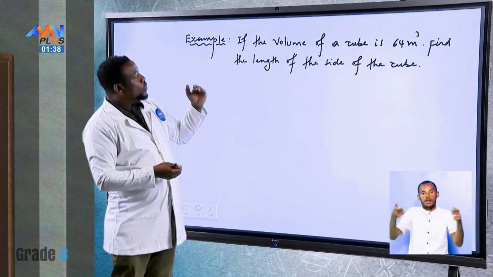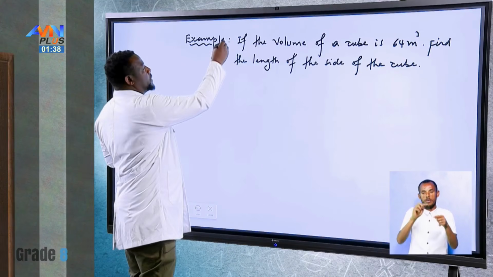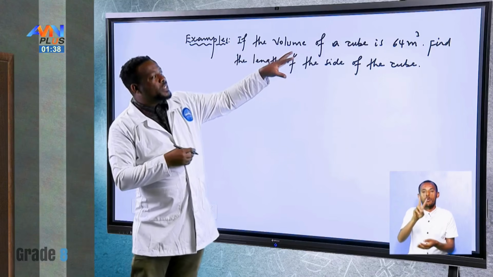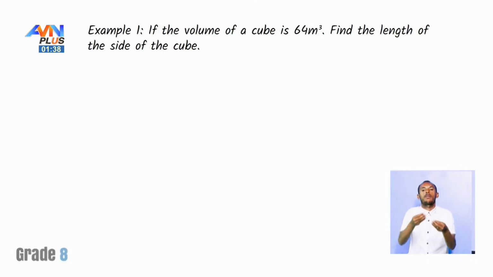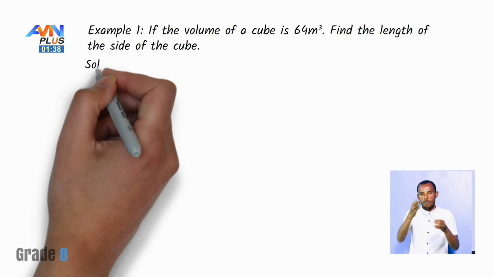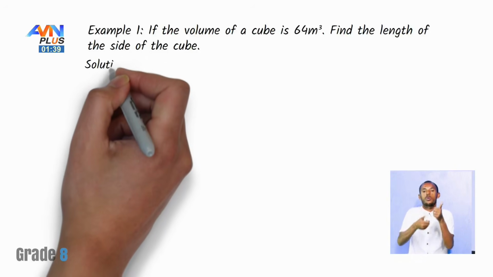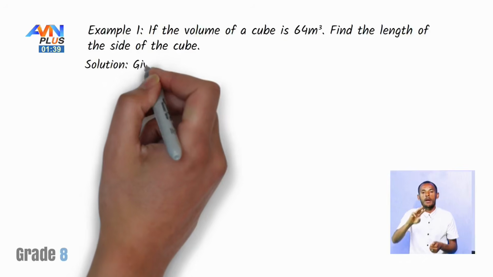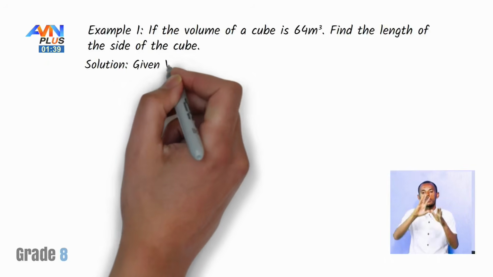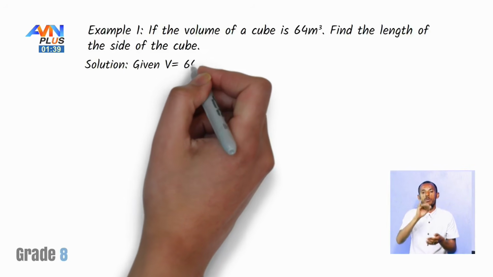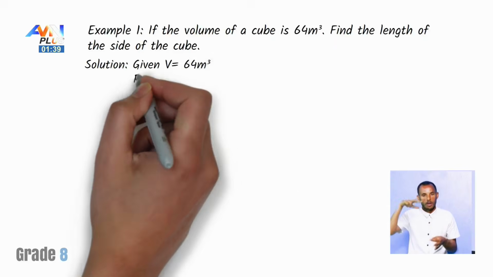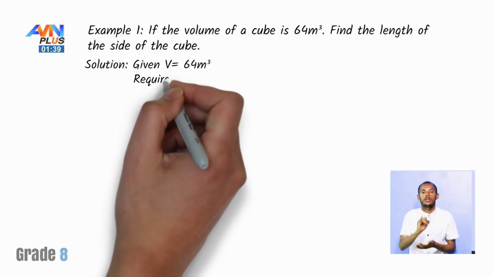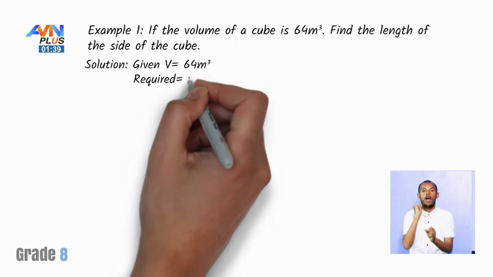So, in the first example, what is given? The volume of a cube is given, which is 64 meter cube, and we are asked to calculate the side.